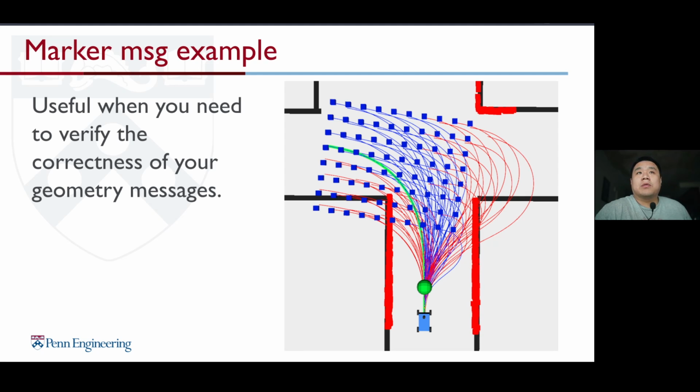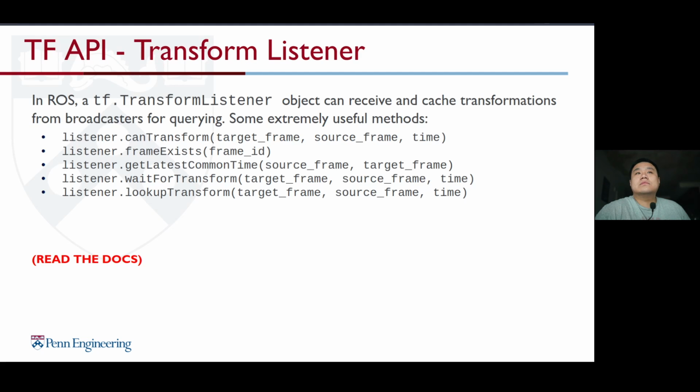The marker message is useful when you need to verify the correctness of your geometry messages. For example, in the picture on the right here, all of these blue squares are actually pose messages, and they have an orientation and a position, and you can visualize this in RViz to verify if you've done all your calculations or set the transformation up correctly.